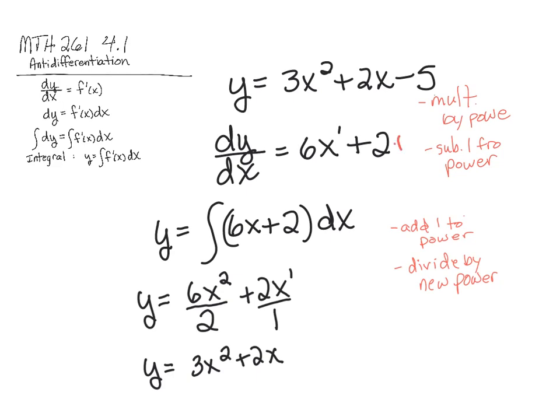Remember? So if we go backwards with that plus 0, when we take the antiderivative or the integral, then we have to allow for that possibility that there was a constant, okay? So this guy is called a constant of integration.